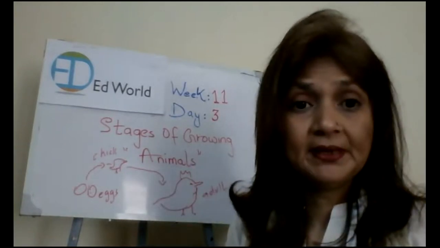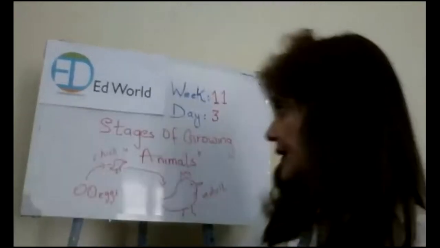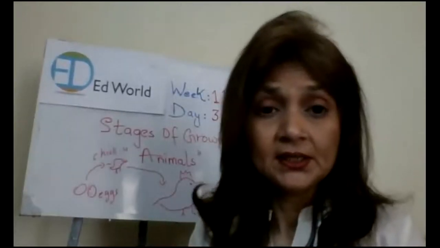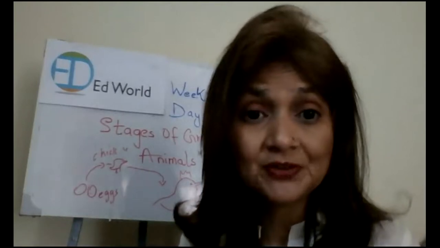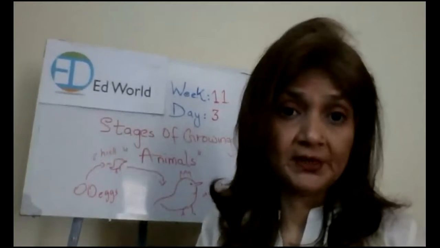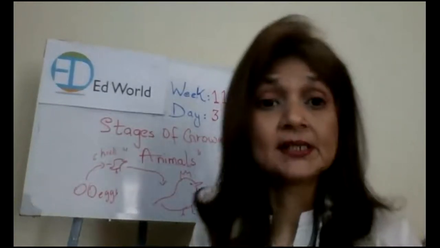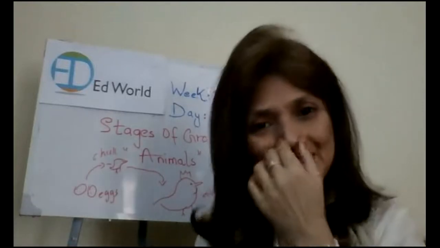It's going to become an adult chicken. So this is how the life cycle continues. And how many days does it take for the chicks to come out from the eggs? It takes 3 weeks for chicks to come out from the eggs. And later on, it takes 3 months for those chicks to become chickens, right?